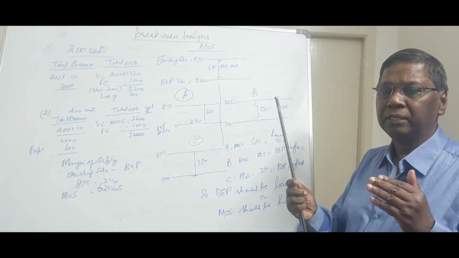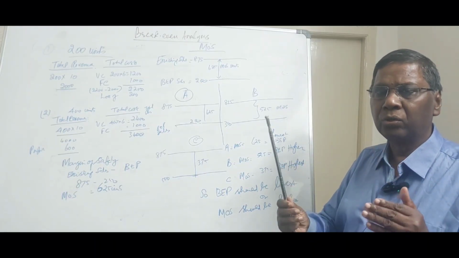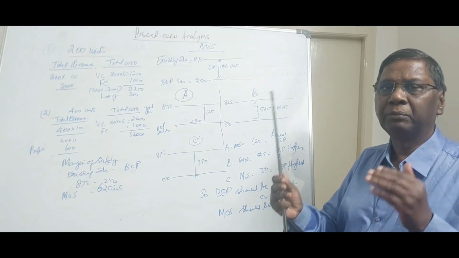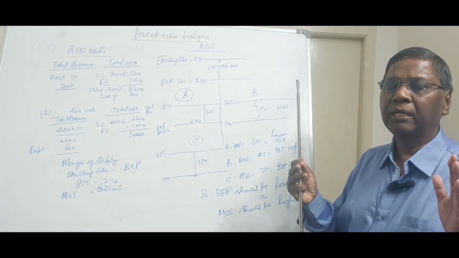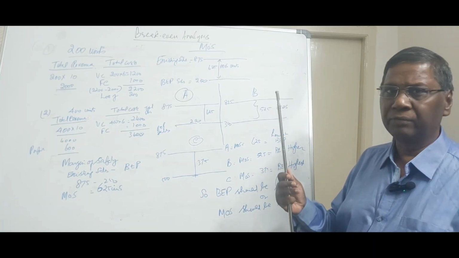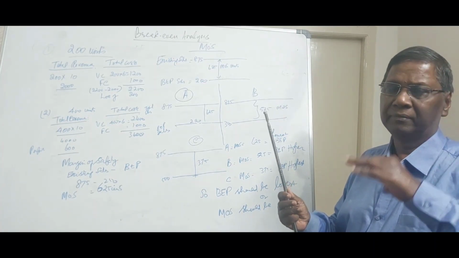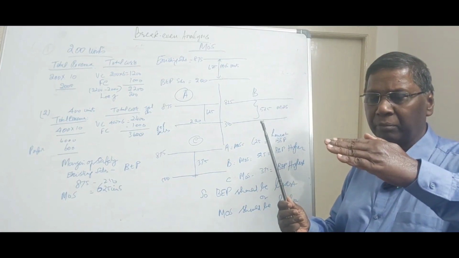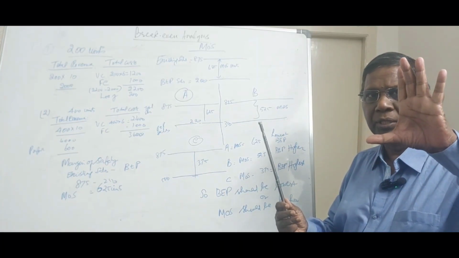So our aim is to attain a low level of break-even point. You understand? We have to achieve a lower break-even point. Or you can put it this way: you have to achieve a higher margin of safety. It's all the same. If the break-even point is coming down, the margin of safety will be going up.